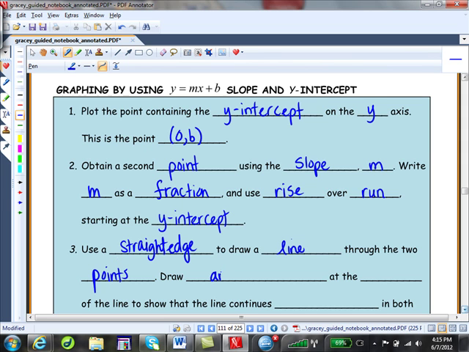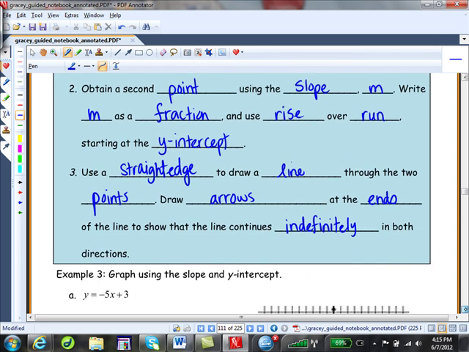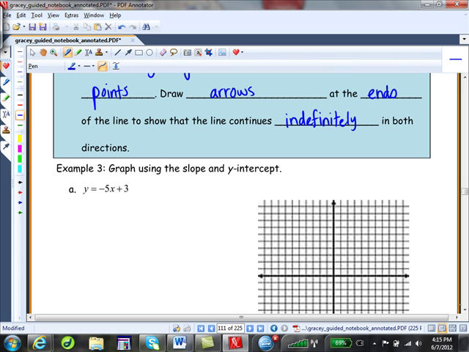And then draw arrows at the ends of the line to show that the line continues indefinitely in both directions. It doesn't just stop at those 2 points. It goes on and on forever. Unless you have an application where that wouldn't make sense.